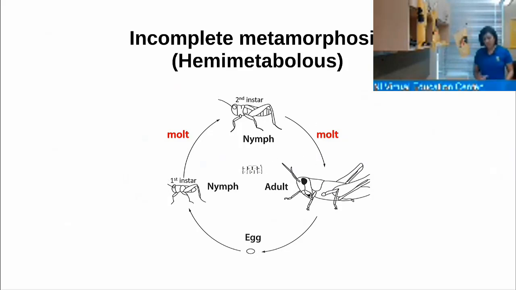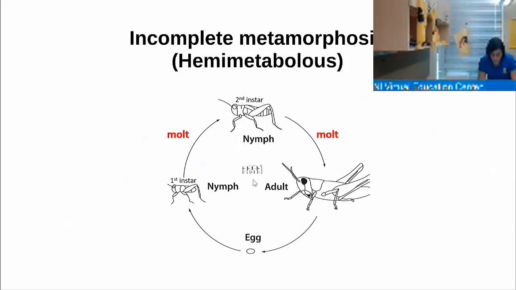Now, different species may have more instars than others. Depending on species, it could also depend on food source. There is some literature saying that if there is a lot of food source, they may even have extra molting, more instars. But overall, not.